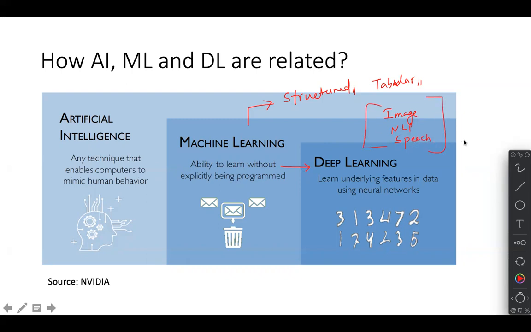Of late, we have seen ChatGPT, where you can communicate in natural language. Traditional machine learning systems are typically not capable, or not very accurate, at identifying patterns in unstructured data. So that's where deep learning comes in. Deep learning is of course a subset of machine learning.